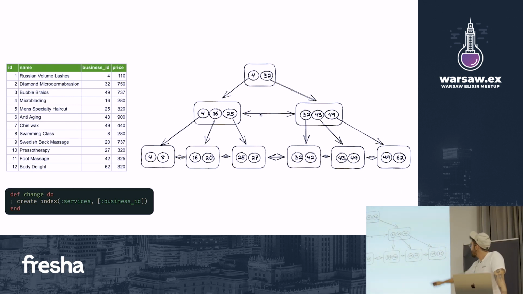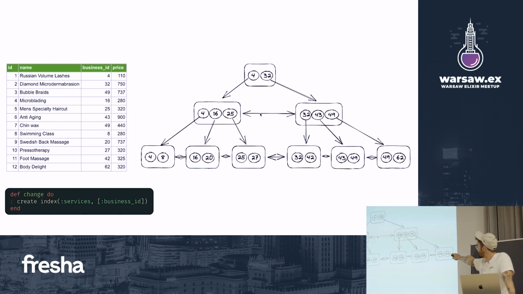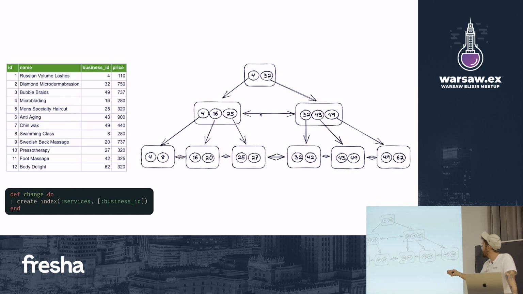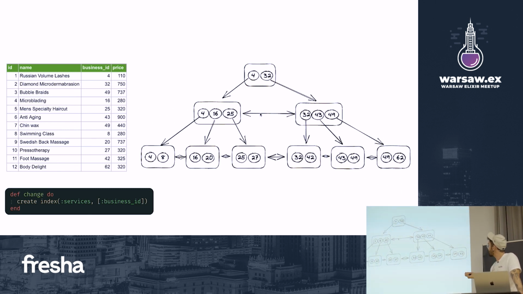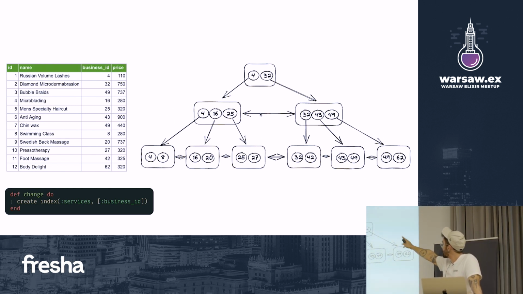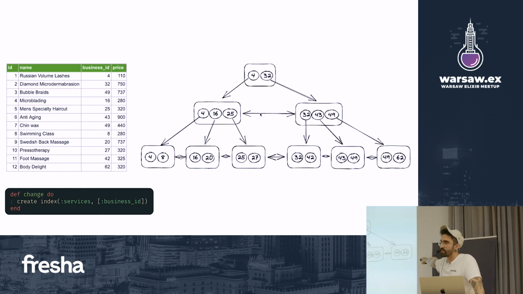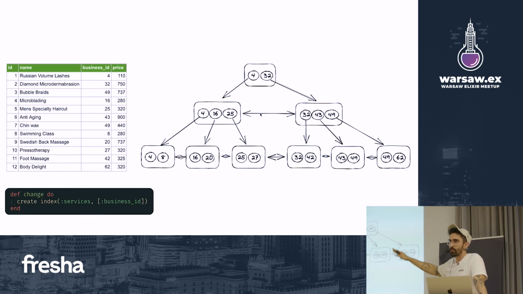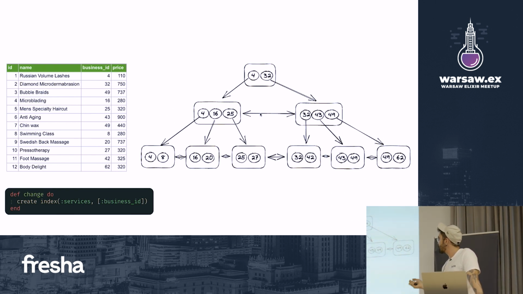Another important thing is that the references to the rows themselves are held by the leaf pages at the bottom, and the branch pages are used to traverse the tree. Another one is that the tree is balanced. That means the number of branches between the root and the leaves is going to be the same no matter the leaf, so the lookup time is going to be the same whatever key you're looking for.